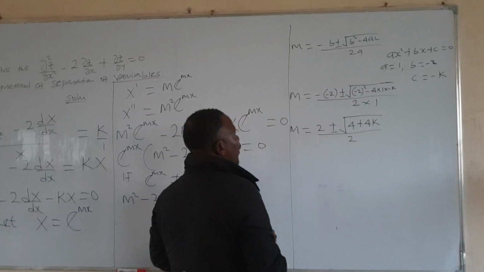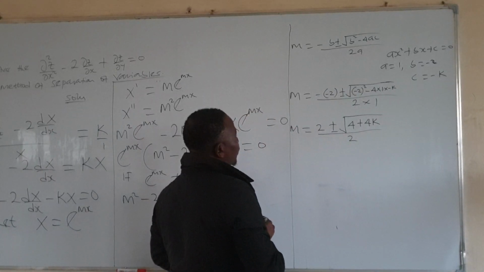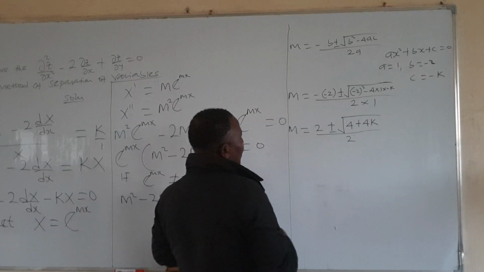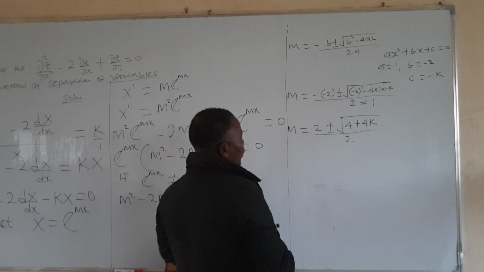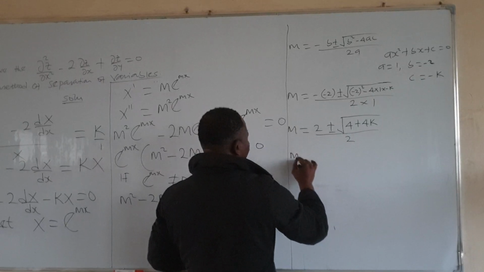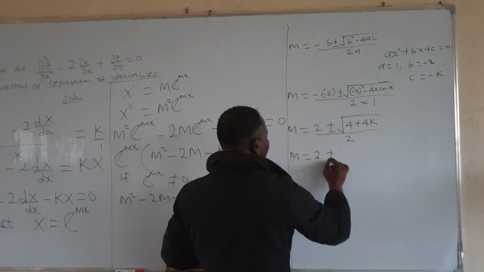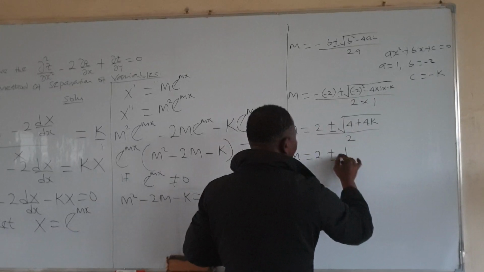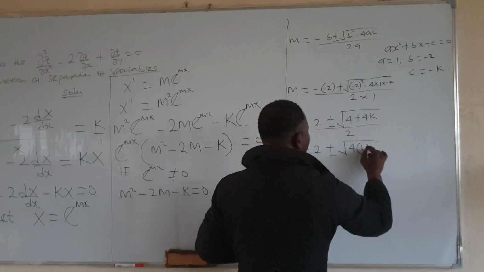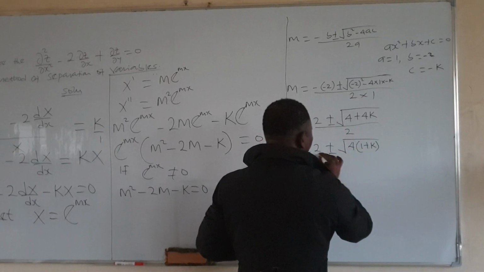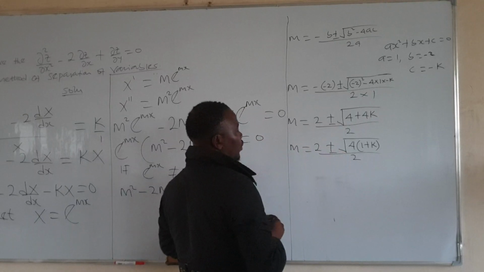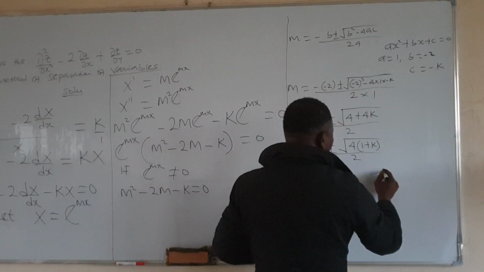Is that clear? So at this point, you don't need the prophet to tell you. Let us transform the square root in this form. What is common? 4. Factor it out. Then we have 1 plus k all over 2. Now go back to your surds.